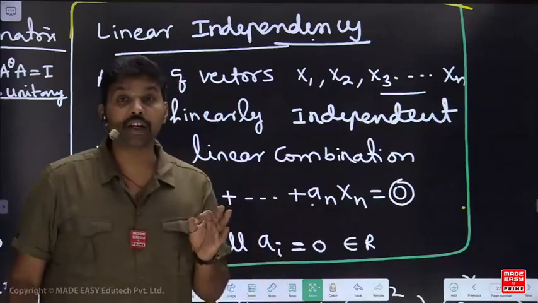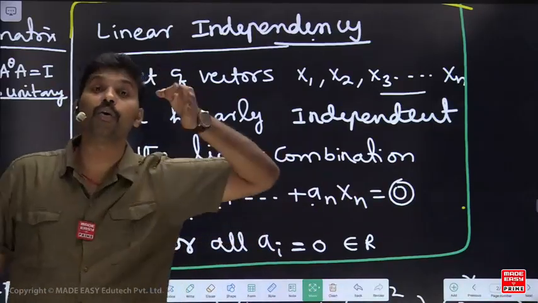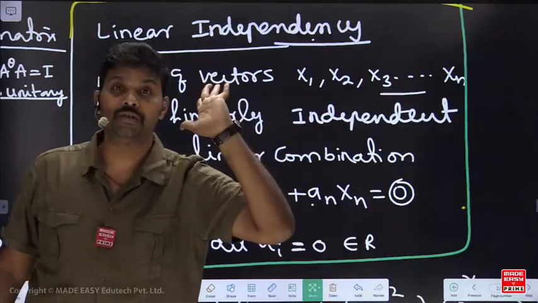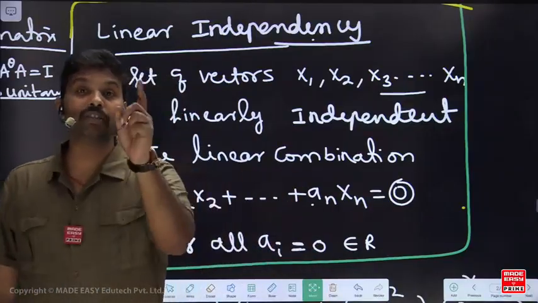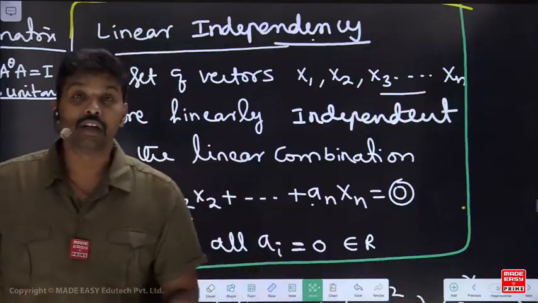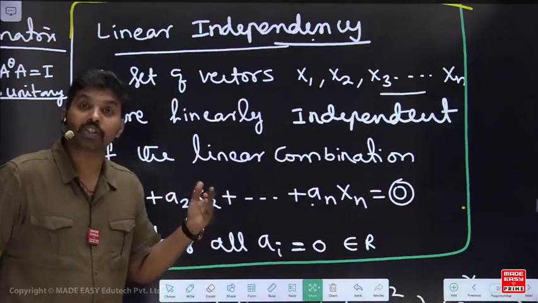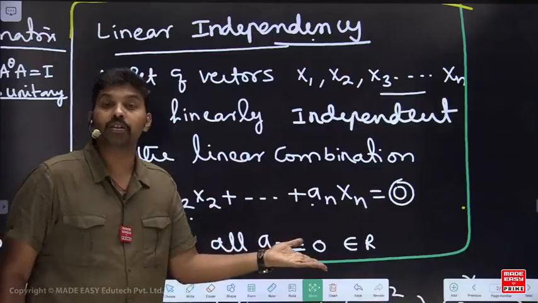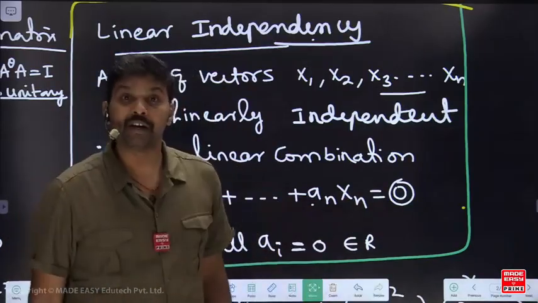It is very, very clear, my dear. This should be 0 only for 0 coefficients. If this is getting 0 only then, they are independent. Other than 0 coefficients, if you get some non-zero coefficients that also give you 0, that means they are dependent.